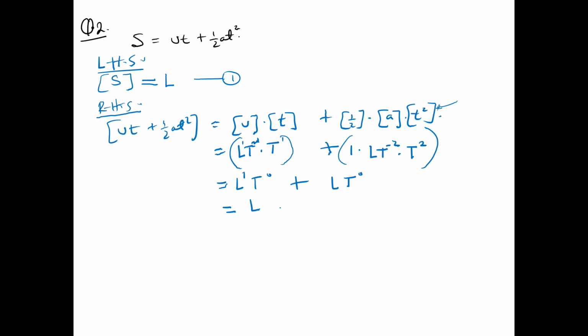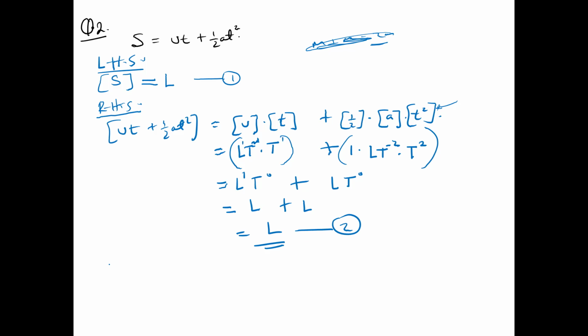So you have L power 1 plus L power 1, which gives us L. Remember, don't get 2L, simply because the 2 is a dimensionless constant. So it is having a unit of 1. And again, you can't add units and get 2 times, 3 times the unit like that. In other words, meter plus meter, you get 2 meters. No, this is wrong. So don't add the units, still don't add the dimensions. So this is what is on the right-hand side.